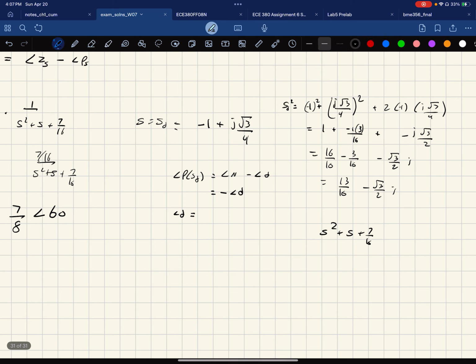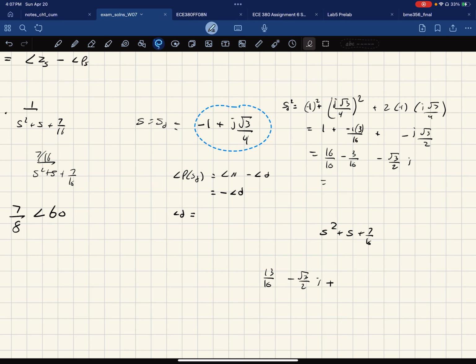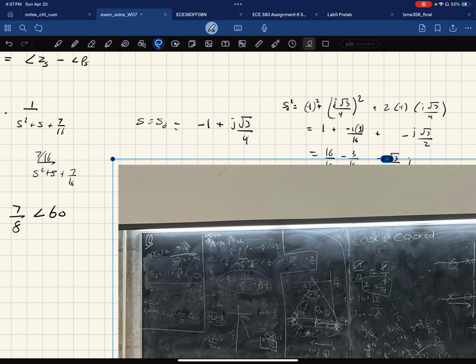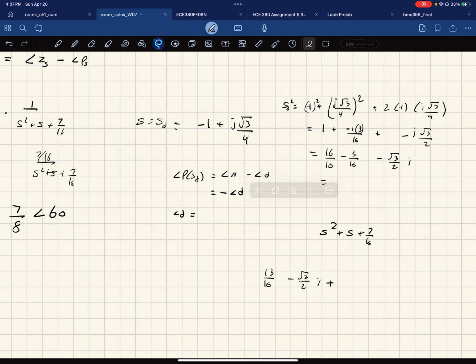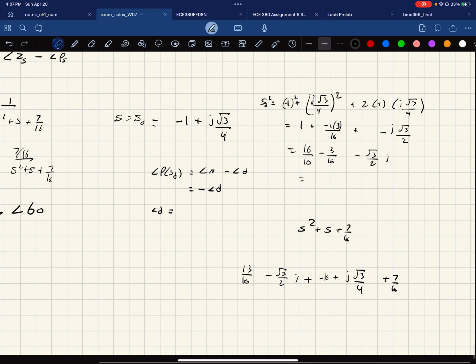And that's sD squared, and my full formula is s squared plus s plus 7 over 16, right? So it's going to be sD squared plus sD, minus 1 plus j root 3 over 4, plus 7 over 16. And this is minus 16 over 16. And in that sense, we get 13 minus 16, that's minus 3, plus 7, that's 4.